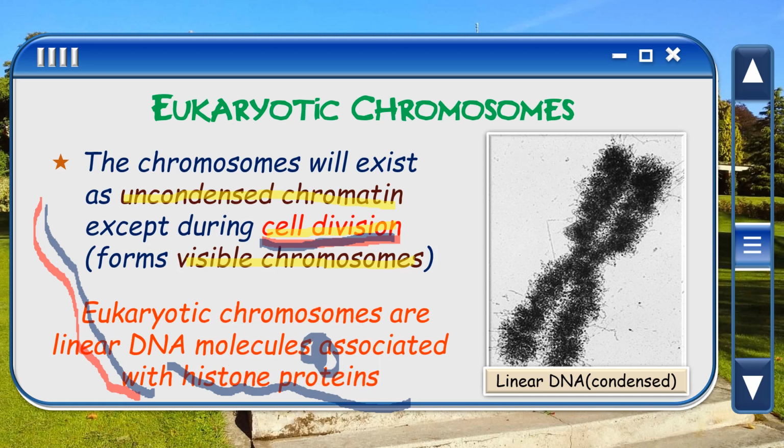So, eukaryotic chromosomes are linear DNA molecules associated with histone proteins. We have talked about the histone proteins. This is where the linear chromosome is bound.